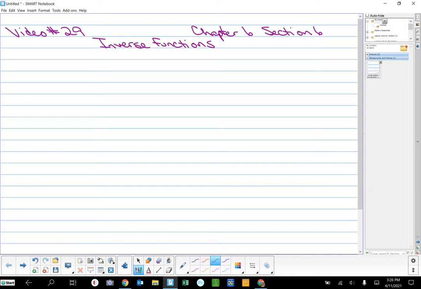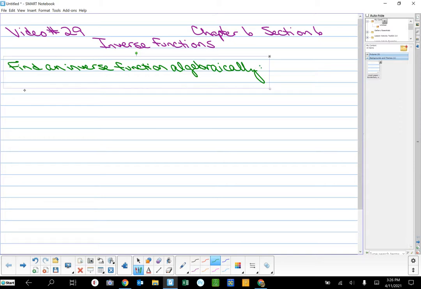So with an inverse function, you are going to find an inverse function algebraically. And when you start these, you're going to be looking at something that's going to say something like this.